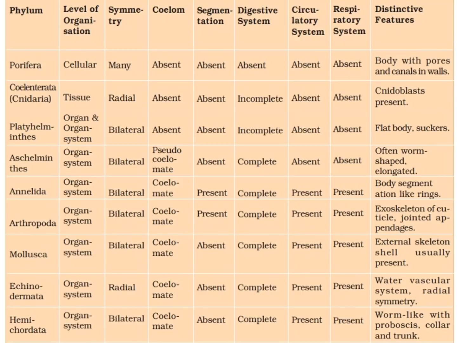You should understand and read the text properly to understand the characteristics of all. But to learn it for the exam, it will be very simple if you learn it in this format. That is, you make a chart, and it becomes very simple to remember. I hope the 9 phyla that we discussed today are clear.